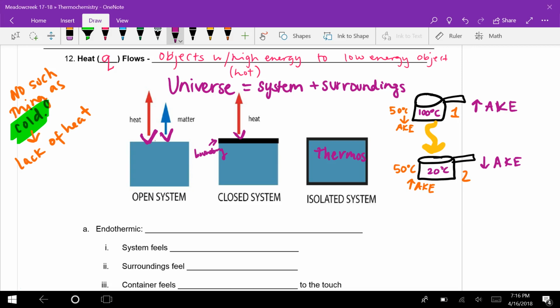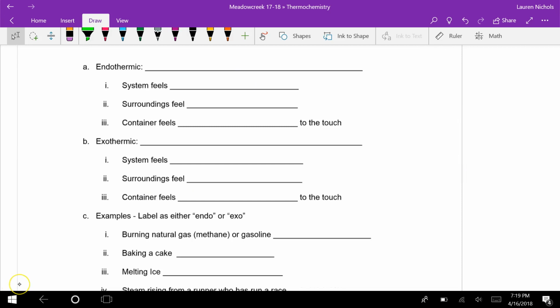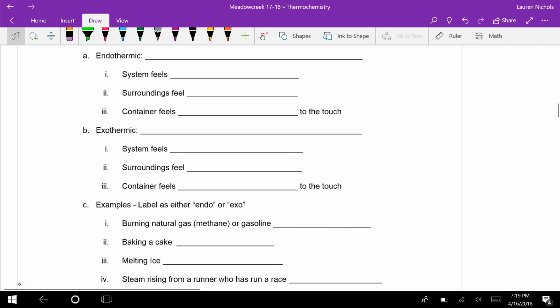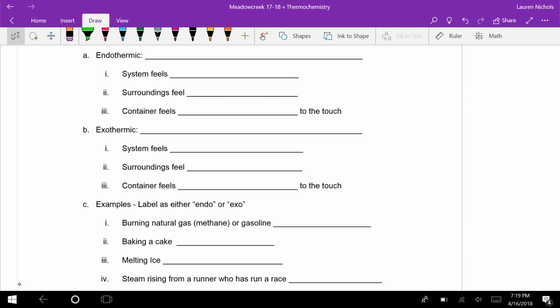Okay, and so if these things are our system, then everything else all around it in the entire universe is the surroundings. And so we have two big vocabulary words that we use to describe how heat flows. The first word is endothermic. Now, endo sounds like the word in, and so it literally means for heat to flow into the system.